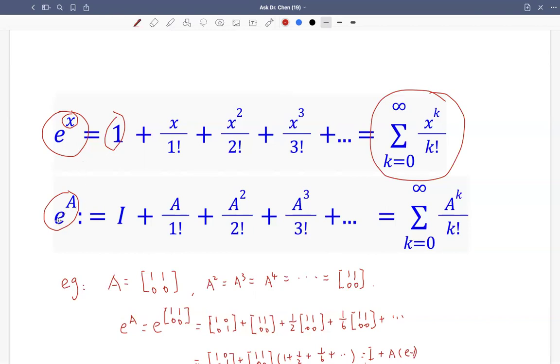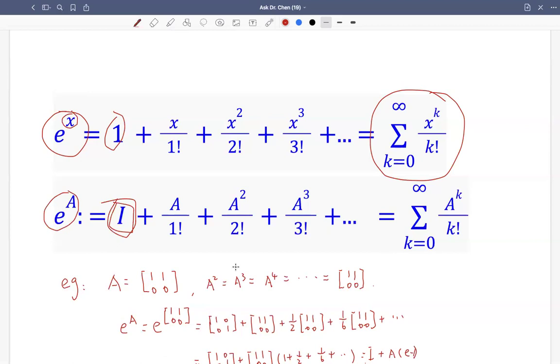So we can define e raised to a square matrix like this: the identity matrix, then the matrix divided by 1 factorial, the matrix squared divided by 2 factorial, and so on. In summation notation it's very similar, right? The matrix raised to the k-th power divided by k factorial, and k starts from 0 to infinity, because again, we have this identity matrix.